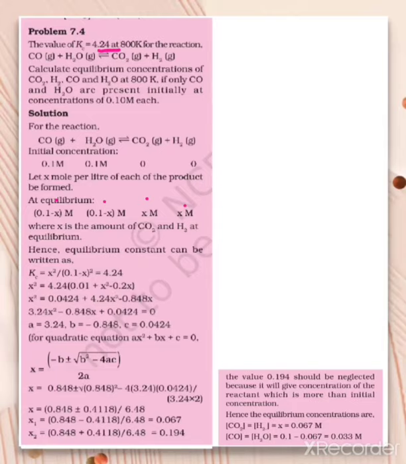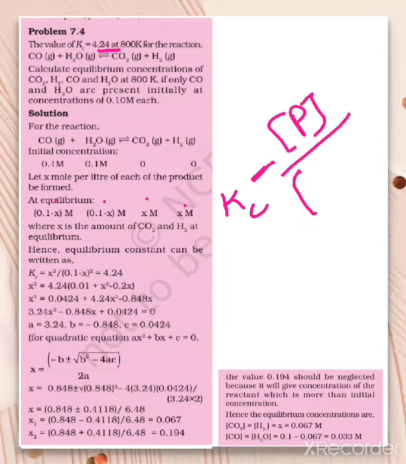So we will use the formula for Kc, that is the concentration of products divided by the concentration of reactants, with the stoichiometric coefficients as powers. Here on the product side are CO2 and H2, and the concentration of CO2 and H2 at equilibrium is x mole per liter each. So we are taking both the concentrations.